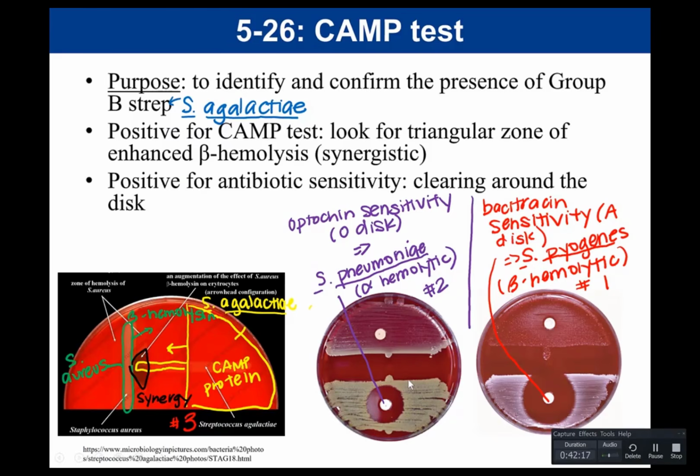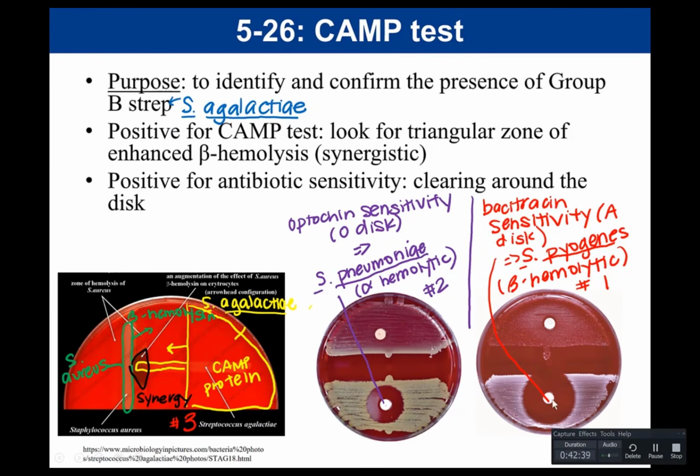And of our 5, the only one that is sensitive to the optochin would be our Strep pneumoniae. It would also be alpha hemolytic. And for unknown number, that would go with number 2. So number 2 would have been our Strep pneumoniae.